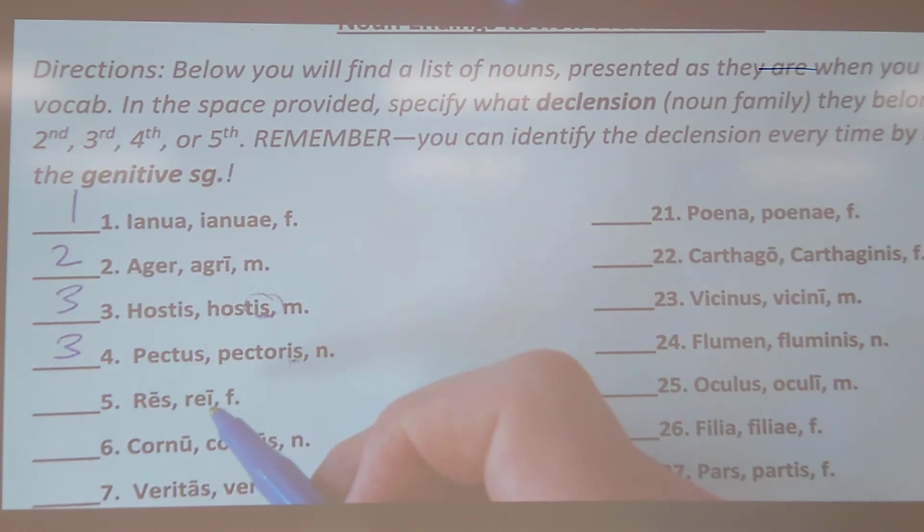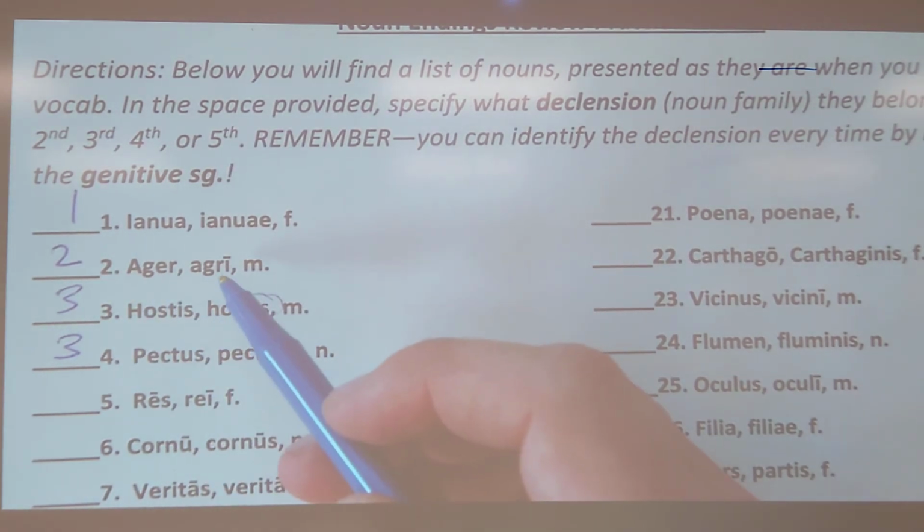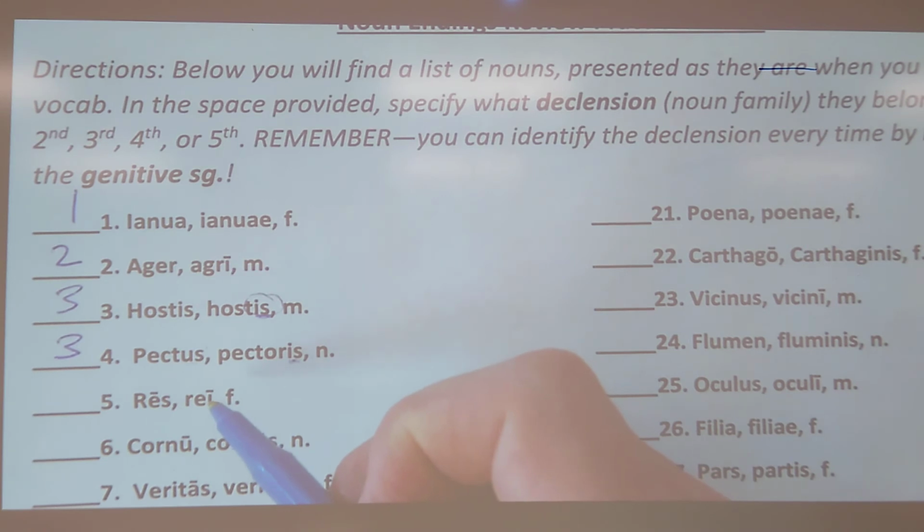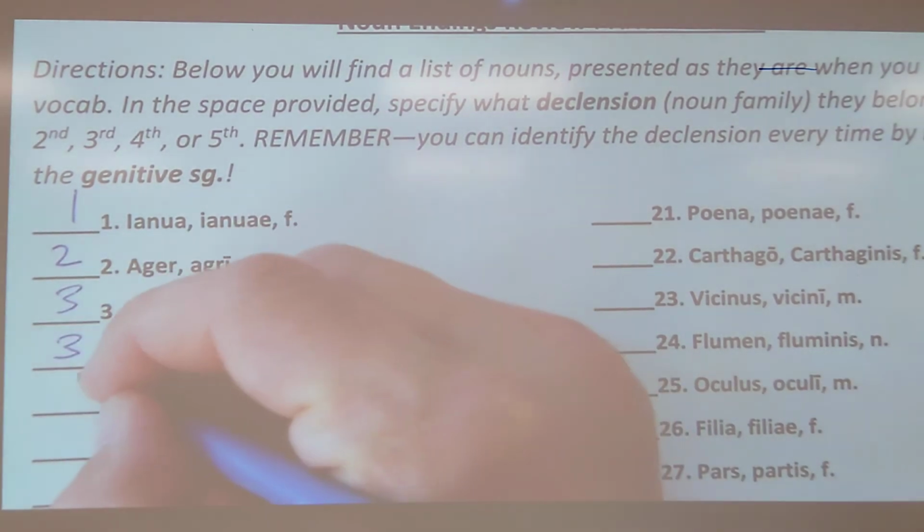Now, you gotta be careful here, like I said, because if you only look at the long i, you might get confused, right? Because after all, second declension does that. But if you look at your chart, like I said, the ending isn't just long i, it's ei, right? It's these two letters together. When that happens, this is the genitive singular for the fifth declension.